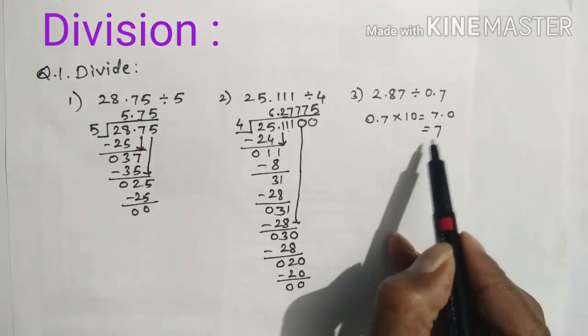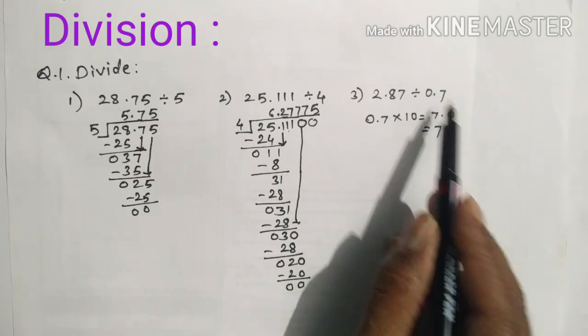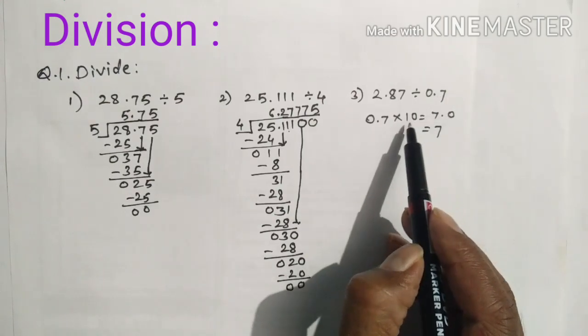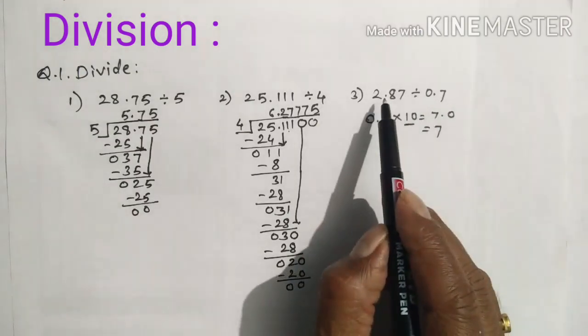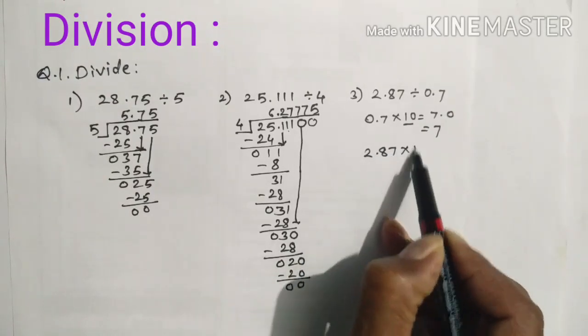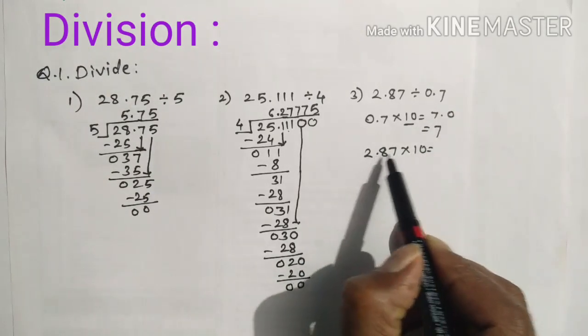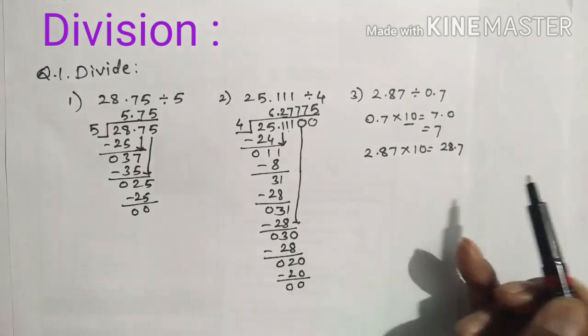Okay, but we are converting the divisor into a whole number, so what we have done here is multiplied it by 10. So the dividend also we will multiply by 10. Then what will happen here? 2.87 multiplied by 10 would be 28.7.